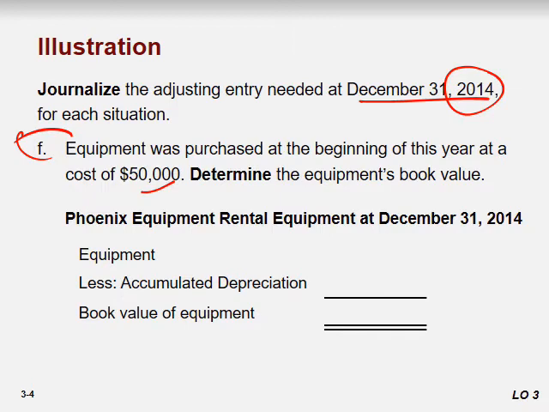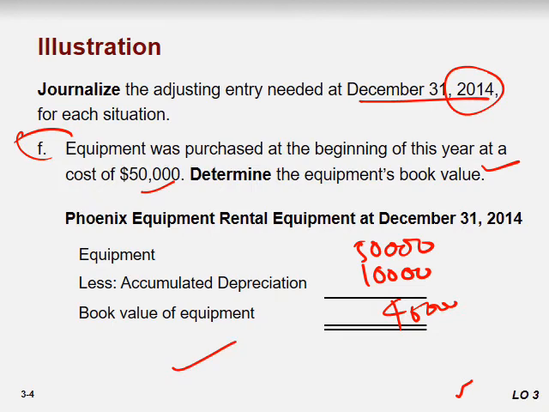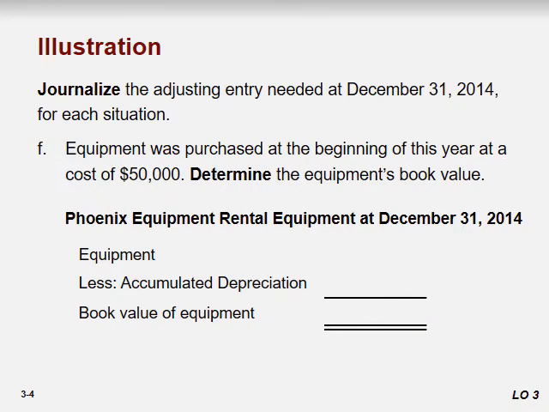Determine the equipment's book value. So equipment was purchased for 50,000. Accumulated depreciation we just calculated is 10,000. The answer is 40,000. That is the book value, right? Let me just remove it to see the actual answer here: 40,000.